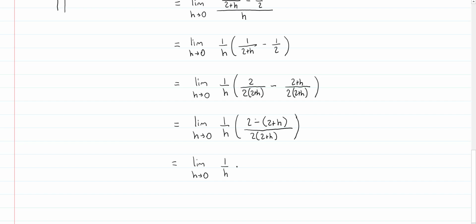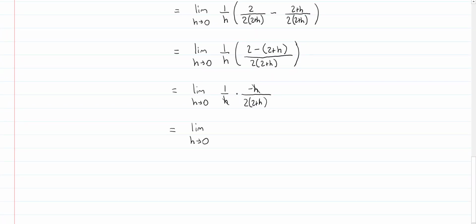Okay, so here, when we distribute the minus sign, 2 minus 2 is going to cancel out. We're going to be left with a minus h in the numerator. At this point, we can cancel out the h on the bottom and top. That leaves us with the limit as h approaches 0 of, we've got a negative 1 remaining on top.